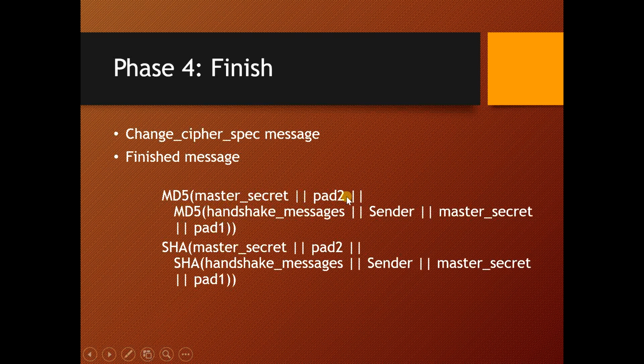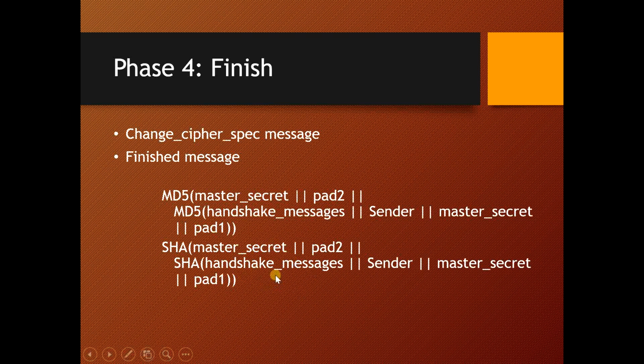So you have MD5(master_secret || pad2 || MD5(handshake_messages || sender || master_secret || pad1)) and SHA(master_secret || pad2 || SHA(handshake_messages || sender || master_secret || pad1)). Sender in this code identifies the sender, which is the client, and handshake_messages is all of the data from all the handshake messages seen in the entire phases, all the 10 messages.